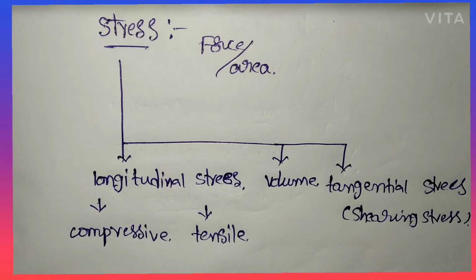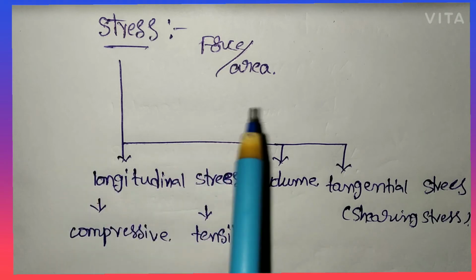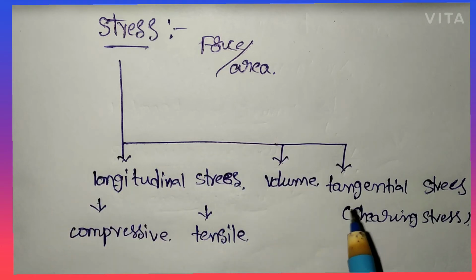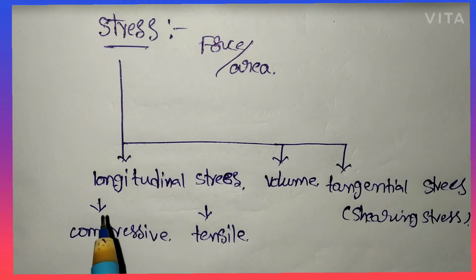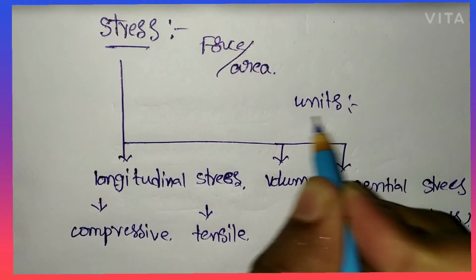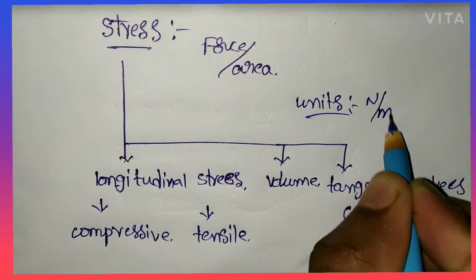Here the restoring force per unit area developed due to the applied tangential force is known as shearing stress. Stress means force per area. It has three types: longitudinal stress, volume stress, and tangential stress. Longitudinal stress has two types: compressive and tensile.